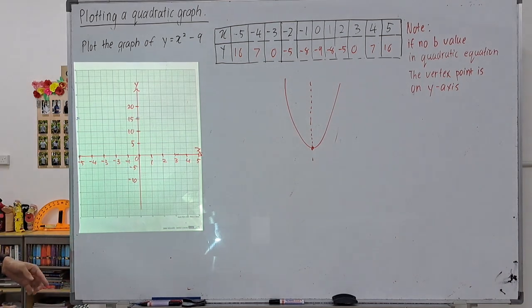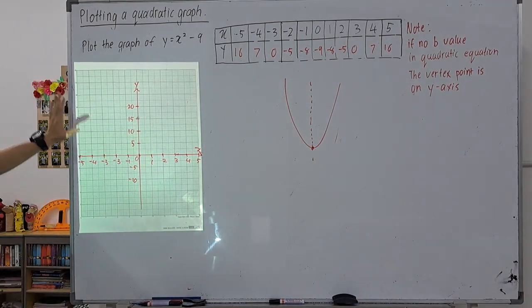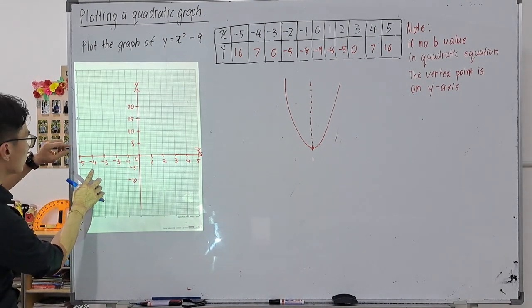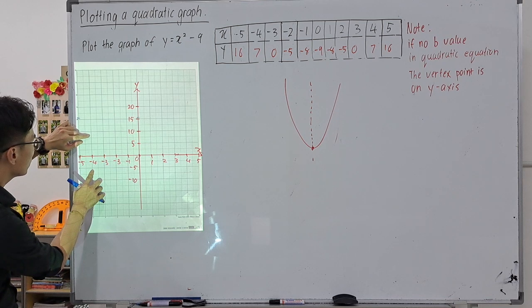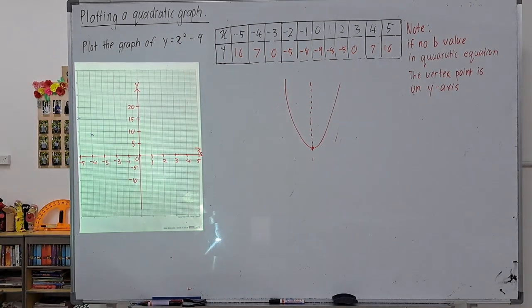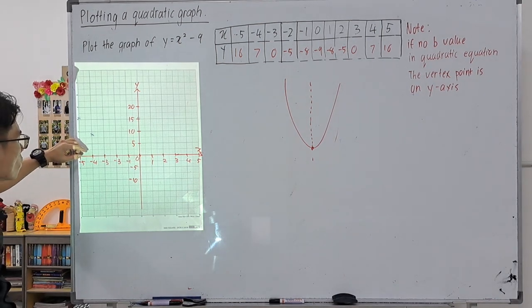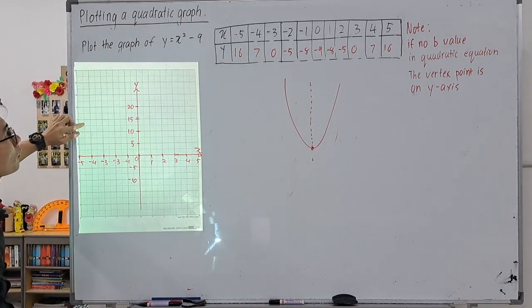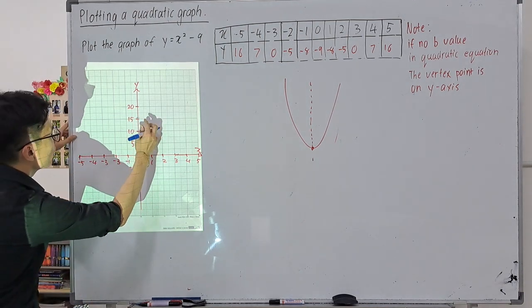Now it might not be so clear from your view, but I will try my best to give you an idea. So -4 and 7. -4 is here, so 7 is going to be somewhere here. Let's see. Oh, wait. 15.